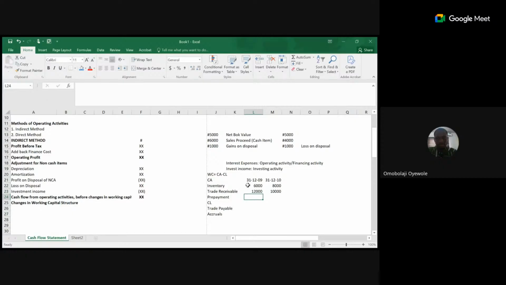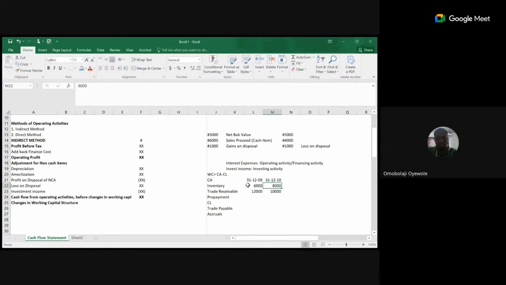Prepayments are payments that have been made or received in advance. Okay, let's just deal with inventory and trade receivable. If we look at your inventory, as at 31st of December 2009 my inventory is 6,000, and as at 31st of December 2010 my inventory is 8,000.